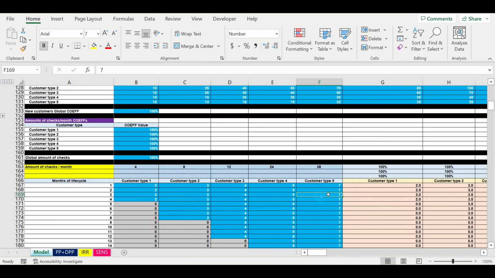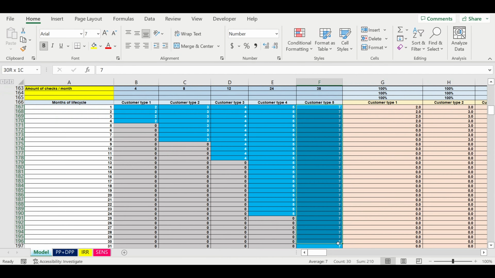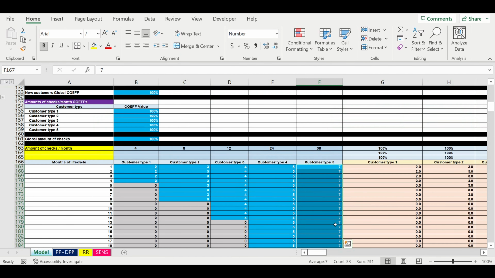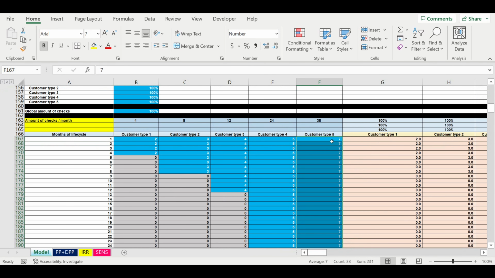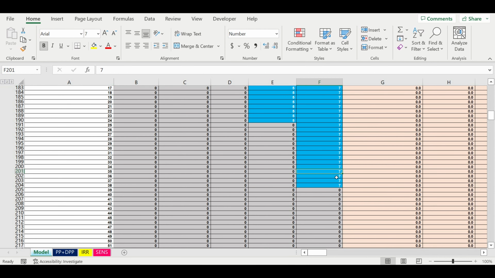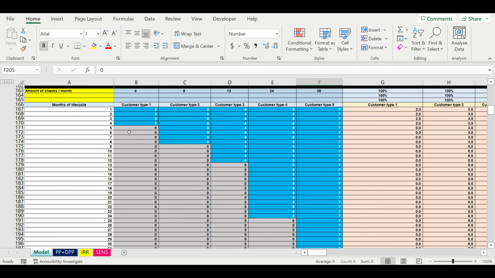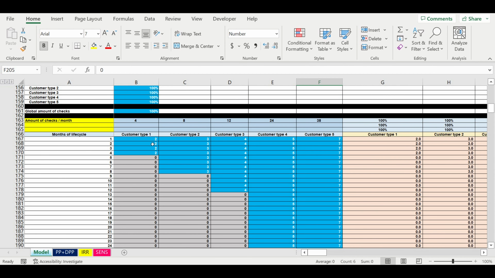So inside this life cycle, we can specify any customer behavior. For example, he can purchase once, then 2, then 3, 4, then 3, 2, 1, 1, and then he will disappear. So we can create absolutely different customer behavior inside the life cycle for different types of customers.